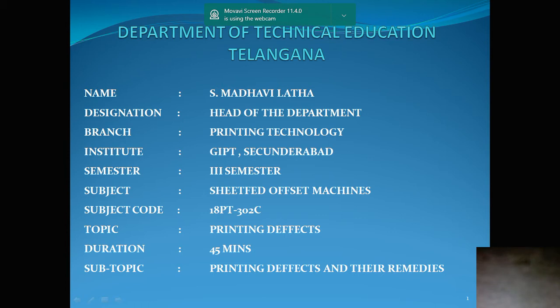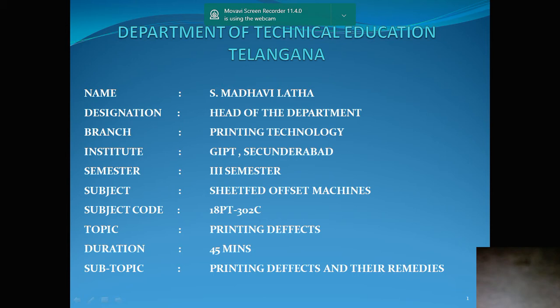The main purpose of having a printing machine is to get a number of copies from a single master copy. By using all these 6 units together, which we call a sheetfed offset press, we get the final printout. To get a 100% quality printout, all these 6 units should function well.